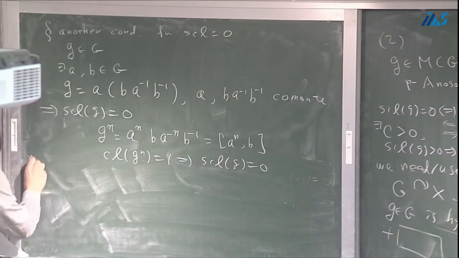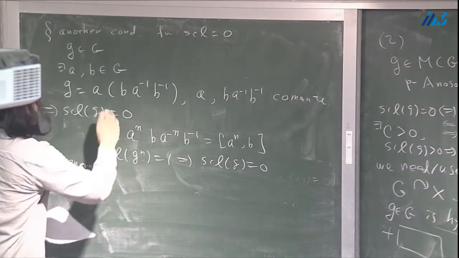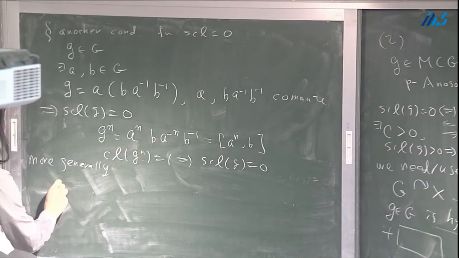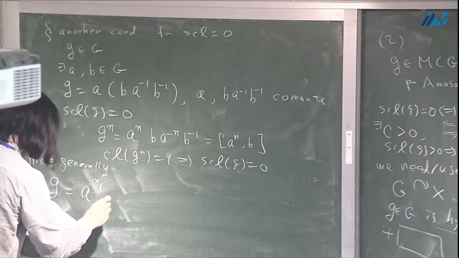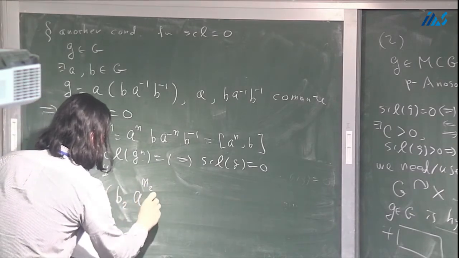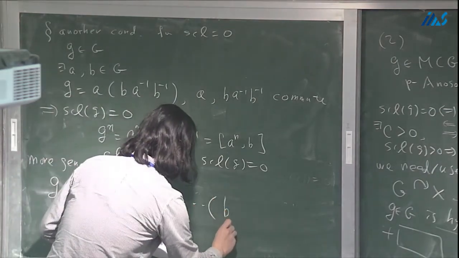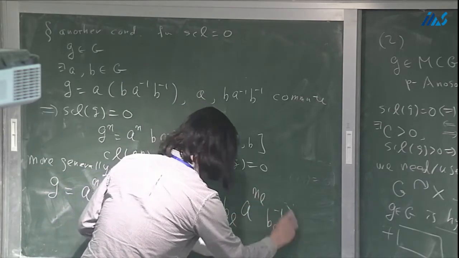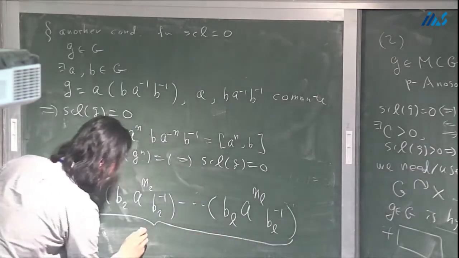And more generally, it's the same as this one as an idea, but it looks more complicated. So G is a product of A1, B1, A1 inverse, B1 inverse, A2, B2, A2, B2 inverse, up to AL, BL, AL, BL inverse, so that they commute.